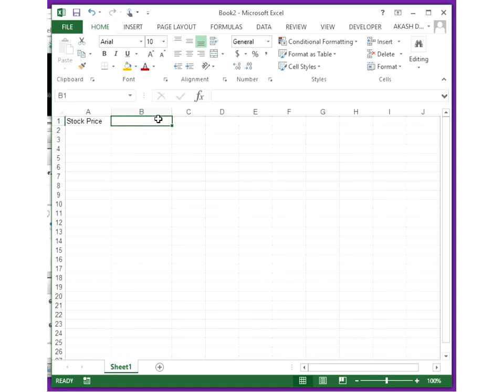What I'm doing is copying the data that's given on slide number 14. You have the stock price and then the call option price.